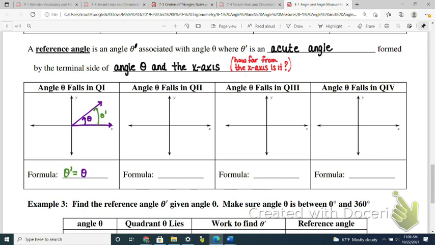In quadrant 2, so it's here to, let's say, here. So here's my angle theta. My reference angle is how far is it from the closest x-axis. My closest x-axis is this line right here. So here is my theta prime. This is 180 degrees. So to find theta prime, you are going to take 180 and subtract theta.